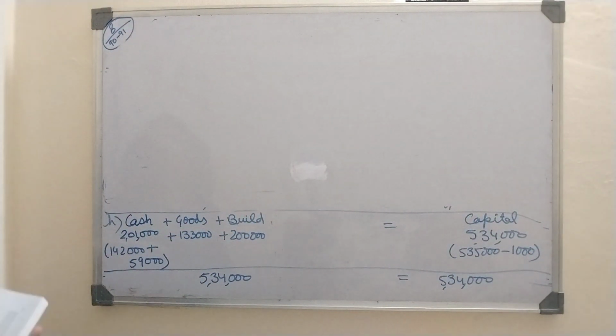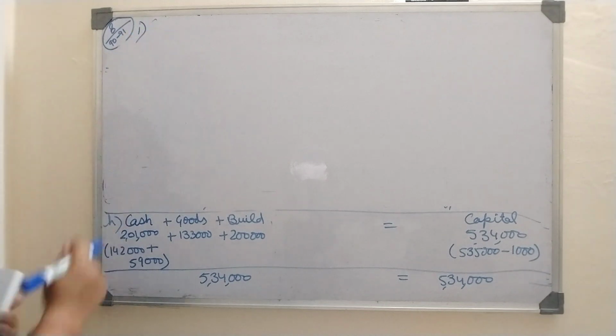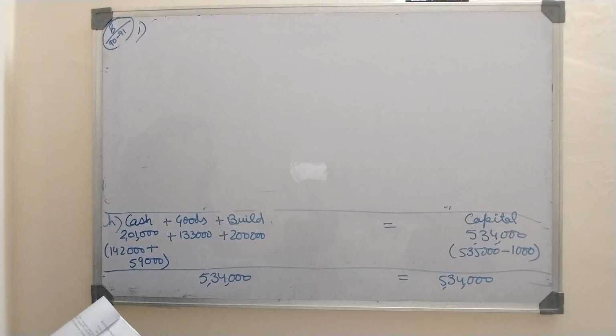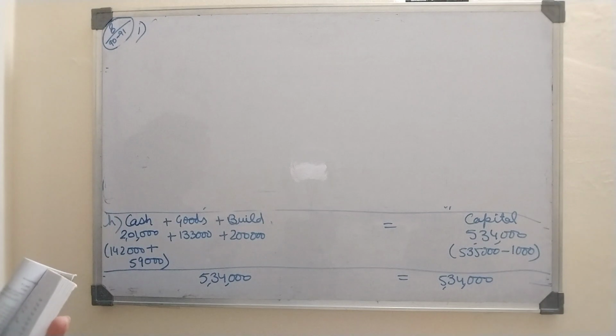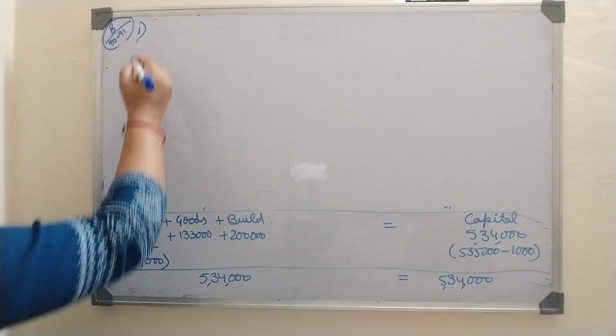Now, I part is rent outstanding. We have done rent outstanding earlier also in the previous questions. So I part says rent outstanding means we have to write a different head in liability and we have to subtract it from capital. Other things remain the same.